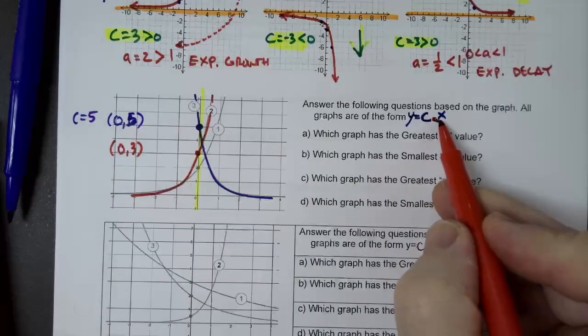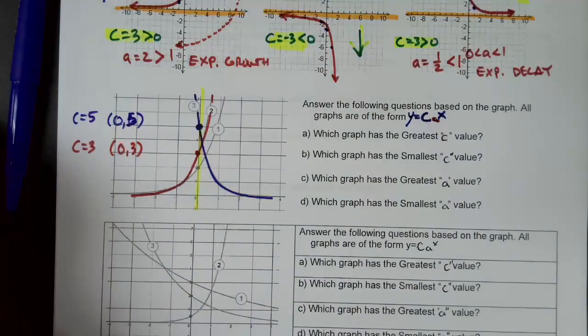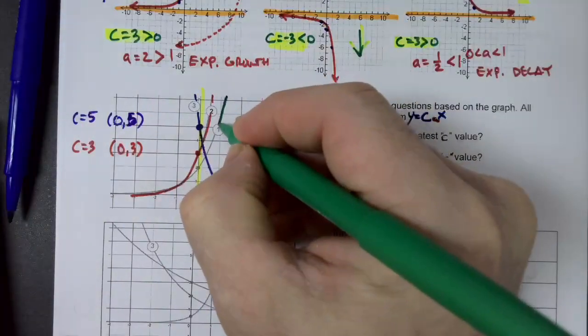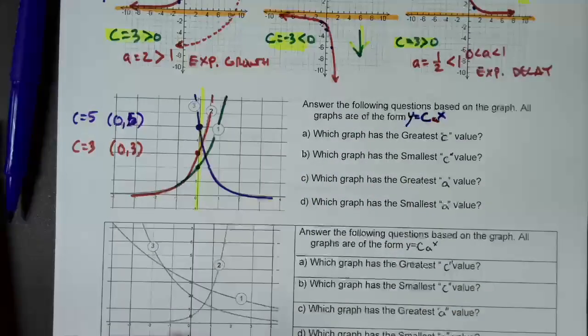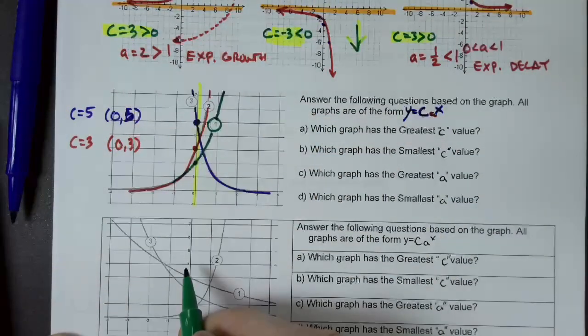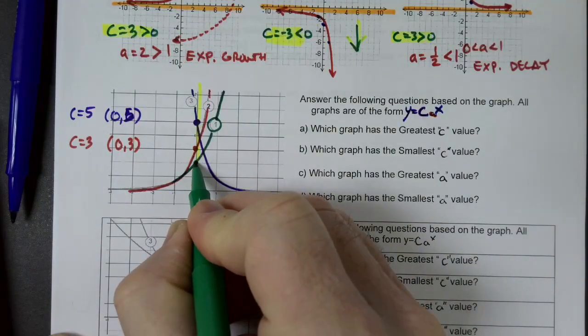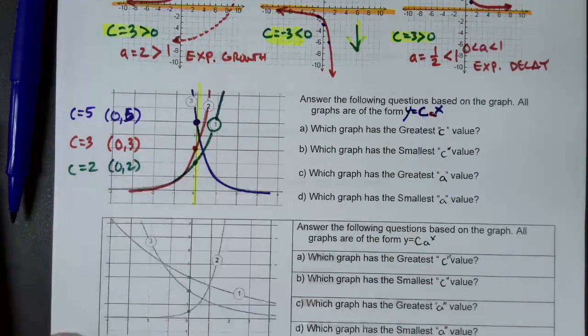So when x equals 0, we have 1 times c, so c is 3. And then, of course, what's the c value of the number 1 function? This is 0, 2, so our c is 2.